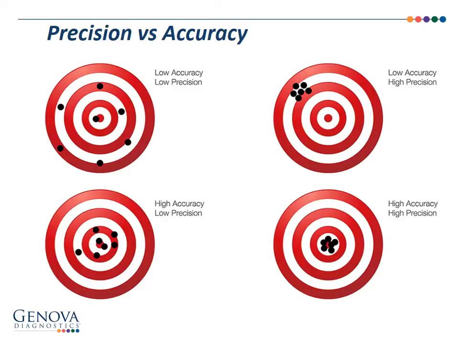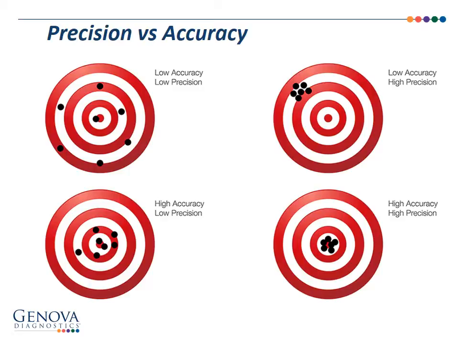But if you try multiple things and you really just can't get it to work, this sort of pattern is often indicative of a qualitative test or sometimes a semi-quantitative test. So that might be something to consider if during validation you just can't get those points tighter towards the target.